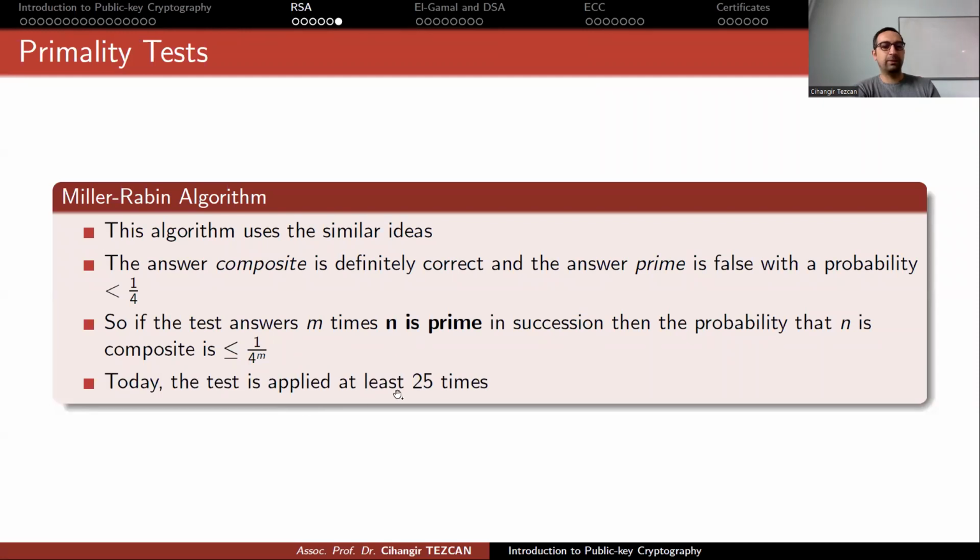Today the test applies at least 25 times. So after 25 random inputs, if the algorithm tells you that it is prime in all of them, then it is prime with probability 1 minus 1/2 to the 50. So you should be very, very unlucky for the test to fail.